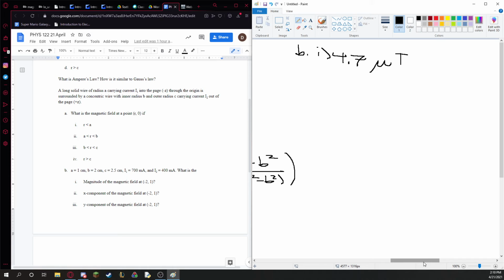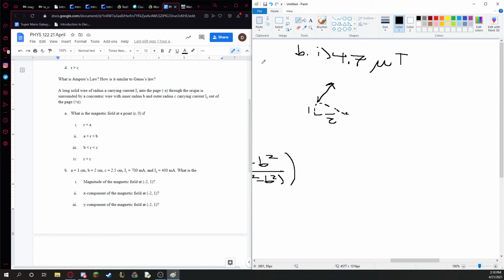I1 is the dominating current. So then we point our thumb into the page, rotate our fingers, find it's clockwise, and this is the origin here. We go out 2, go out 1. This is where our point is, and we know the magnetic field is always going to be perpendicular, so it's going to be up in that direction, right? We have 2, 1 here.